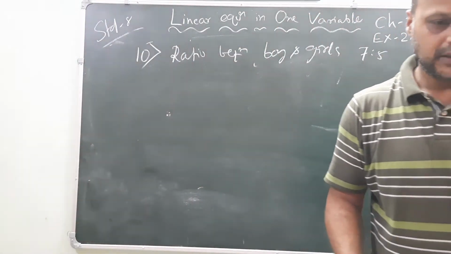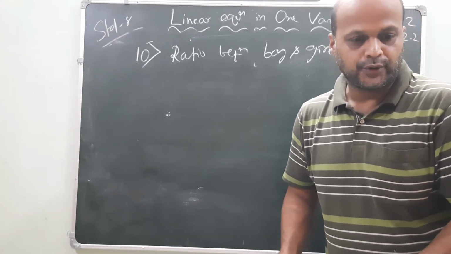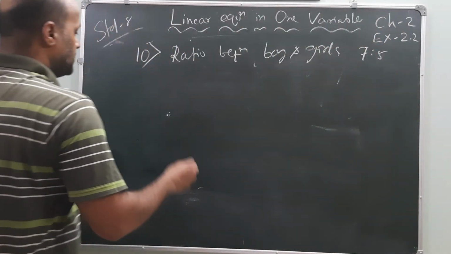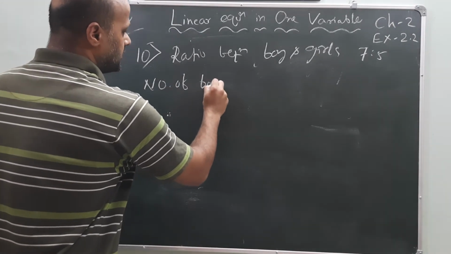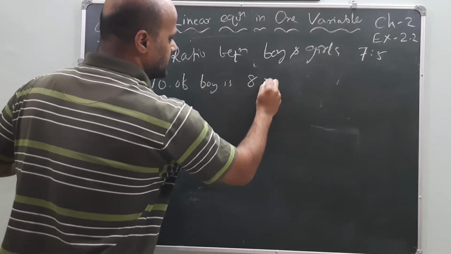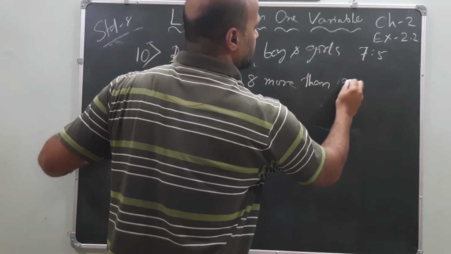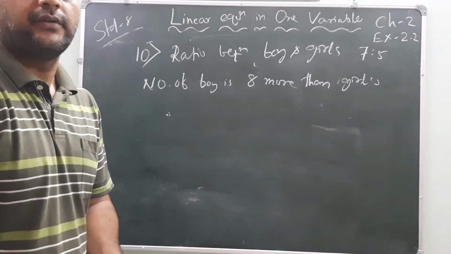Again it's saying that the number of boys is 8 more than the number of girls. Number of boys is 8 more than girls. How will you find out, my dear friend?